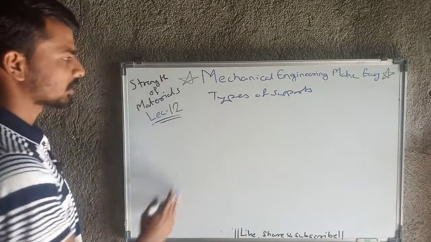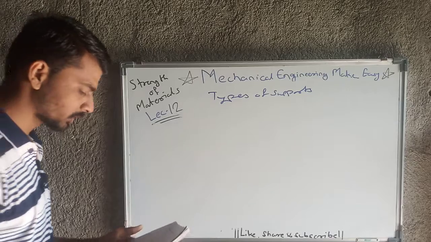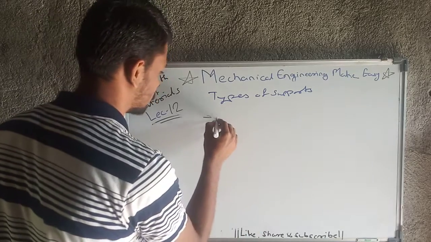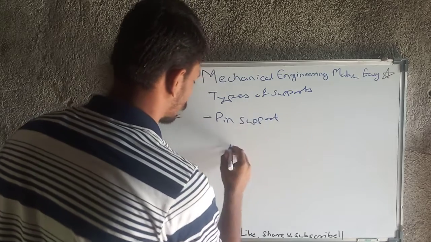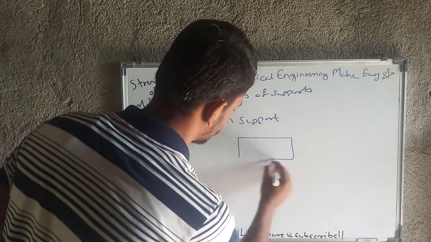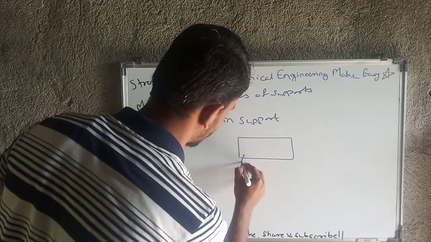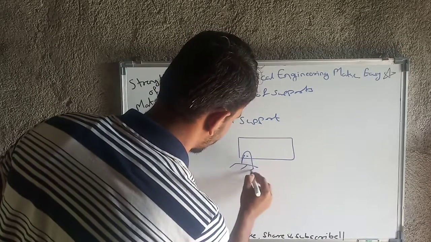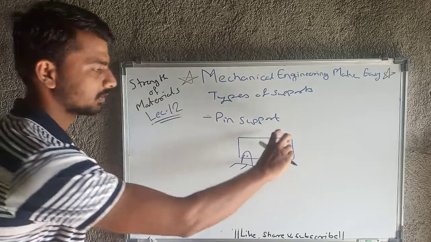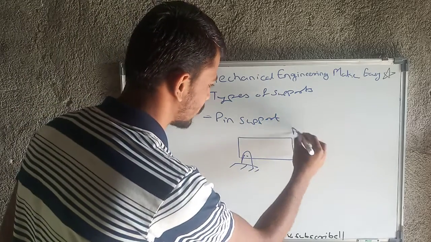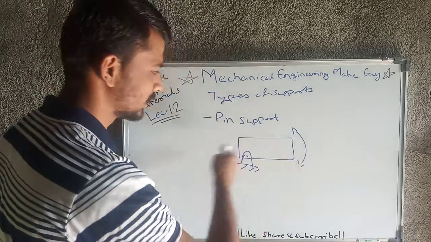There are mainly three types of supports. First is hinge or pin support. How will it be? If this is the beam, then there will be such a kind of support here. This will be a hinge or pin, meaning the beam can rotate in this direction but can't move in this direction.